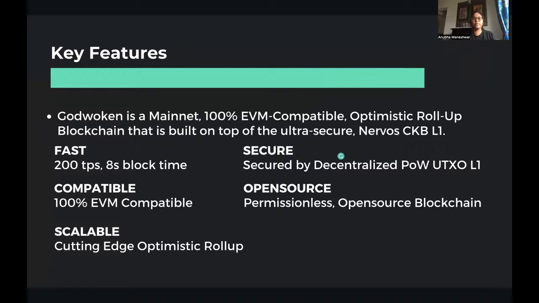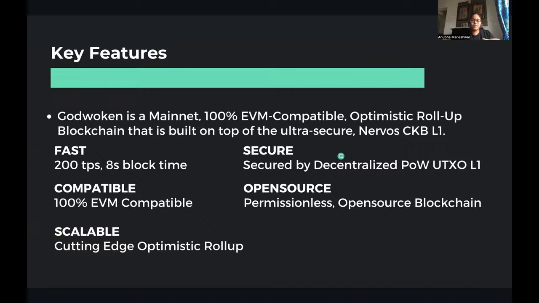Basically, because in layer 1 all of these transactions are not possible, layer 2 does all of that computation and then pushes it to layer 1, and all of this layer 2, or Godwoken, is built on the ultra secure Nervos CKB layer 1.